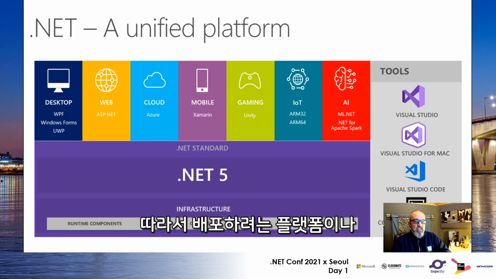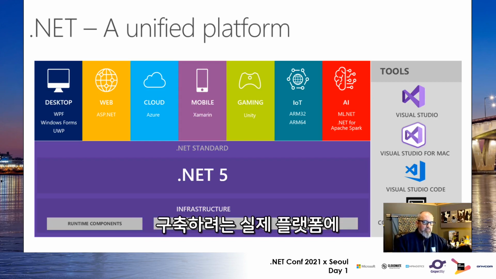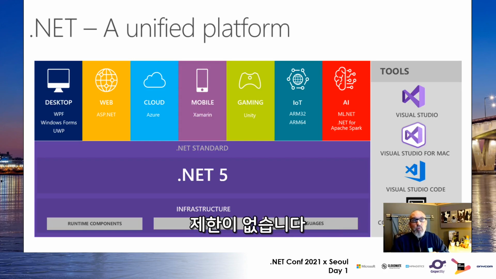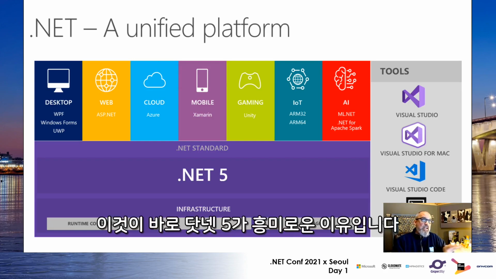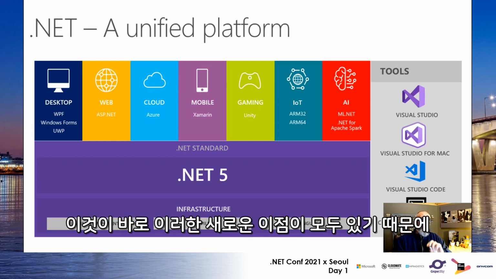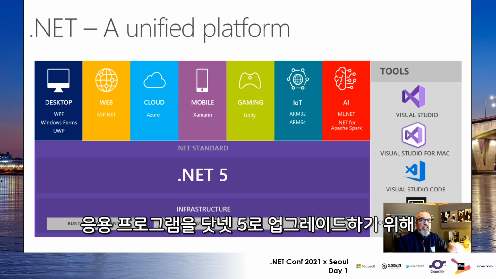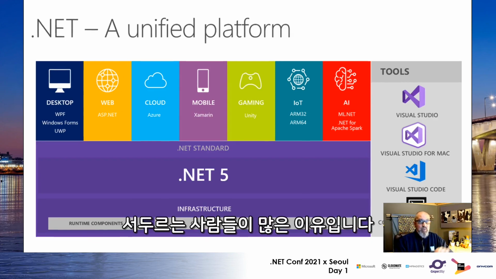So you're not limited either on the platform that you want to deploy to or the platform that you want to build for. And that's why .NET 5 is so exciting, and why so many people are rushing to upgrade their applications to .NET 5, because it has all of these new benefits.